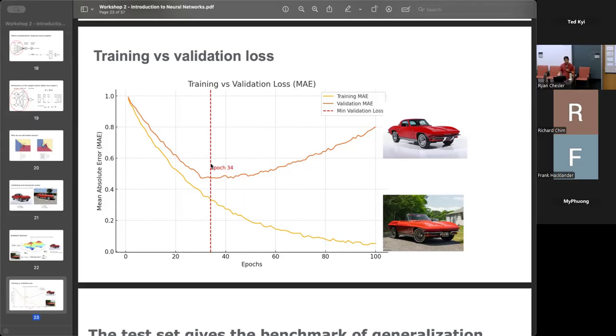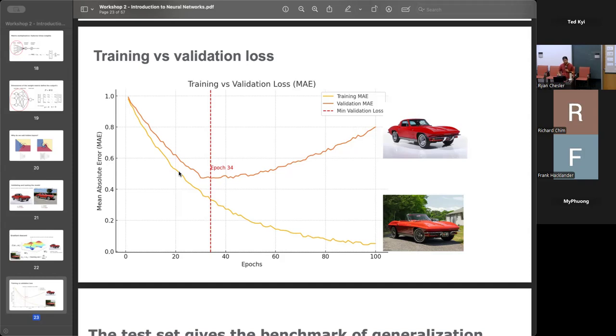It's just learning there's a red value in this specific pixel. And then we see that the validation loss starts going up because it's learning those bad patterns instead of the general patterns anymore. So this is a very common pattern that you will see: training loss goes down, down, down, down, down, validation loss goes down, and then after a while it starts going back up.